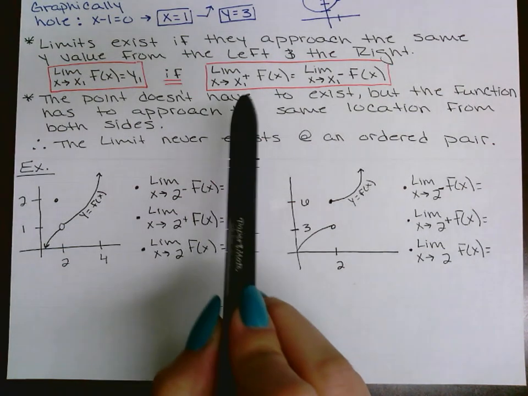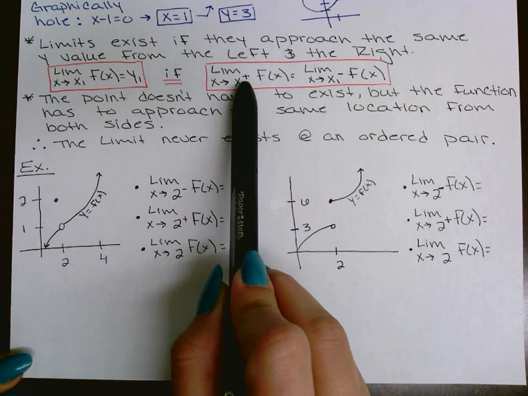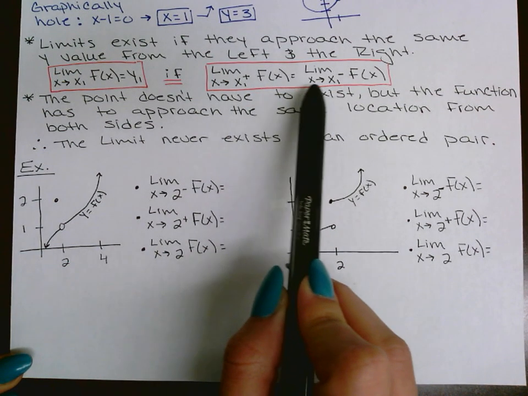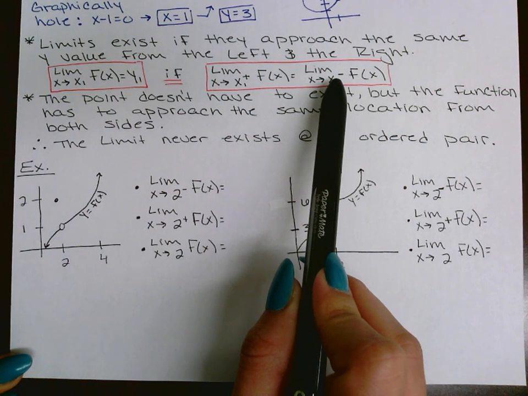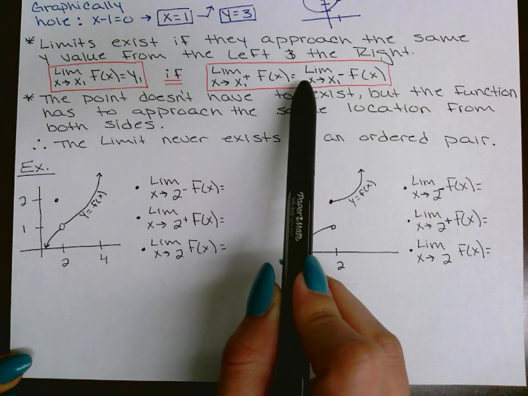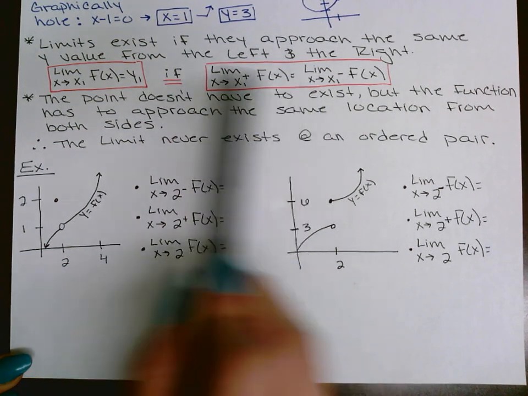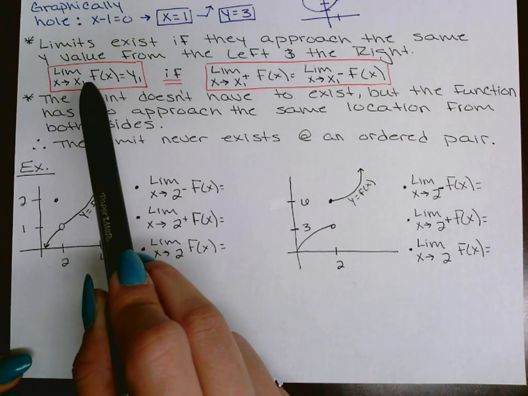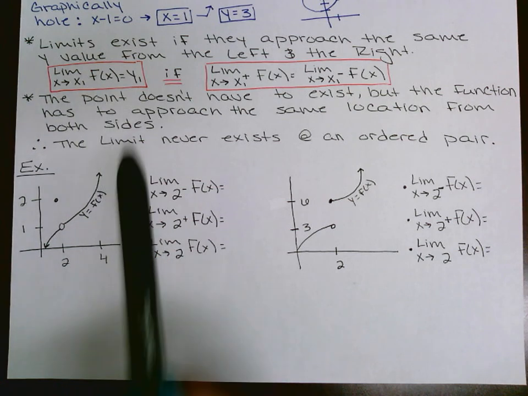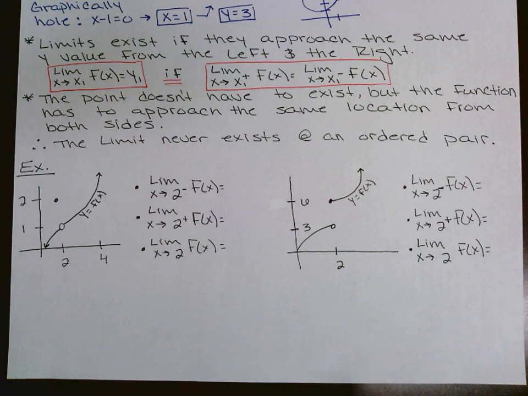So this notation here of the plus analyzes the limit on the right side, and this notation with the little negative in the exponent spot analyzes it from the left, okay? Now, if those two from the left and the right are not equal, going to the same exact location, then the actual limit, without any positive or negative there, does not exist, okay? So the point doesn't necessarily have to exist, but the function has to exist on both sides.